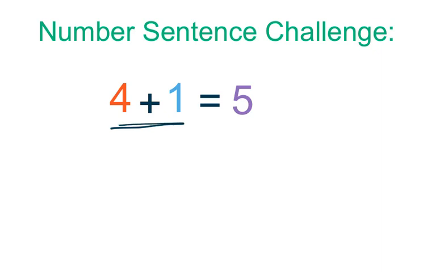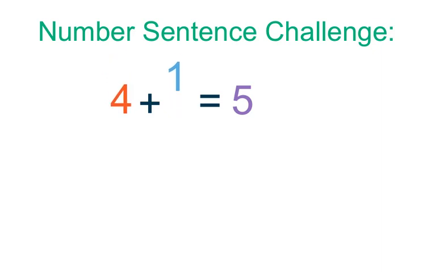They always have to stay together, but they don't have to stay in that order. We also have a total. Our total is 5. That 5 always has to stay next to the equal sign, but it doesn't have to always be last.